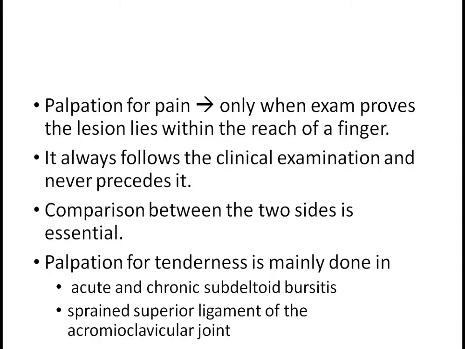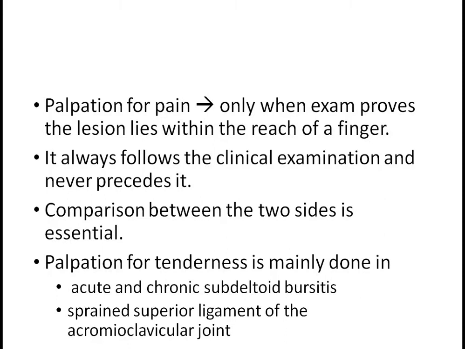Palpation for the tenderness is mainly done in conditions like the acute and the chronic subdeltoid bursitis, or palpation for tenderness may also be done when there is some sprain of the superior ligament of the acromioclavicular joint, because in these conditions there may be some tenderness. Tenderness means there will be no such pain.